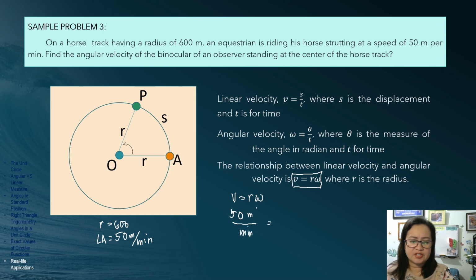The radius is 600 times the angular velocity.